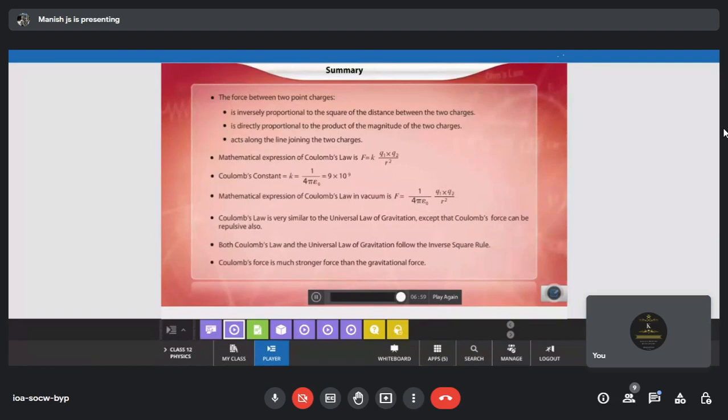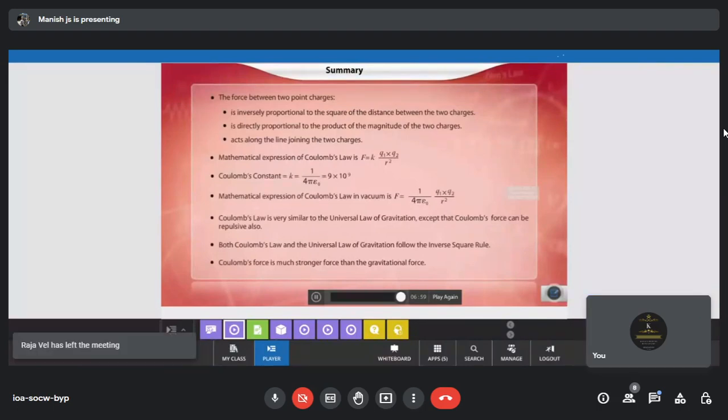Okay, and what are the factors on which Coulomb's force depends? Yes, can anyone tell? What are the important factors? Yeah, it depends on the distance between the two charges. Very good. And how is it varying with respect to distance? You know that the force is directly proportional to 1 by R square.